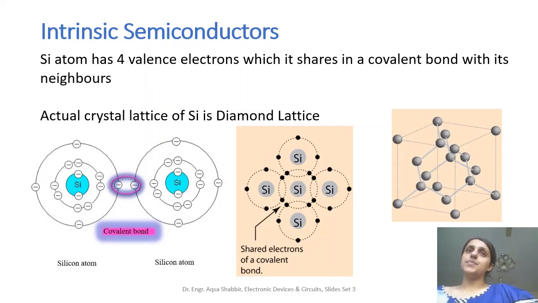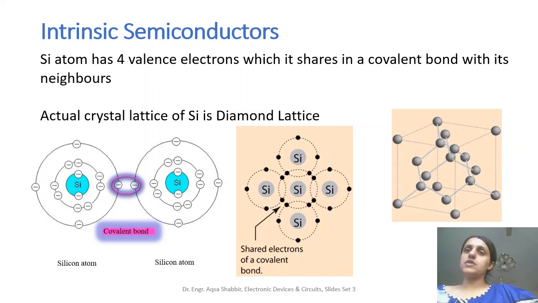Therefore, a silicon atom, which has 4 valence electrons, shares those 4 valence electrons in covalent bonds with its 4 neighbors. As you can see in this figure in the middle, each silicon atom forms 4 covalent bonds with 4 neighboring silicon atoms.